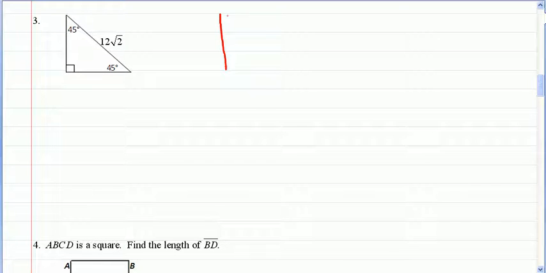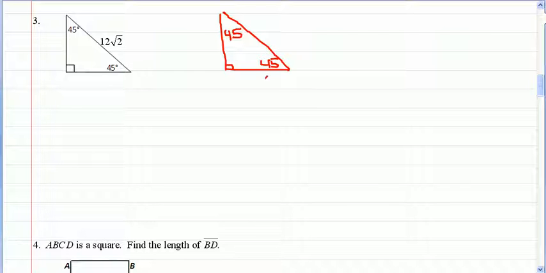So for number 3, another 45-45-90 triangle. And we have x, x, and x root 2. And this time, when I look at the triangle that's given, we're given the side across from the 90. And the side across from the 90 is x root 2.